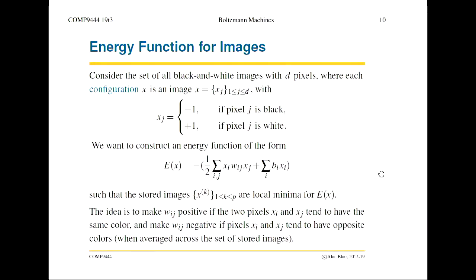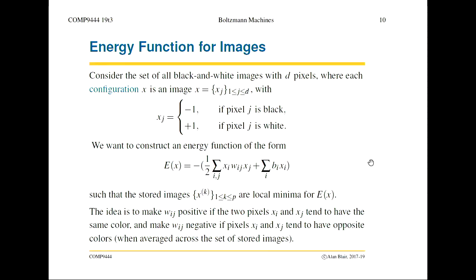Well, let's consider these to be black and white images. So each pixel, not even grayscale, but simply black and white. Each pixel is either completely black or completely white. This is the sort of simplest case.